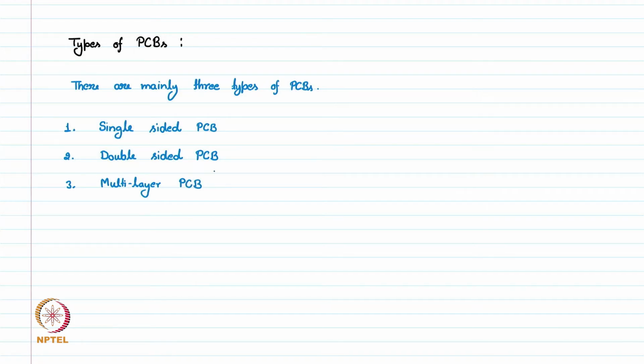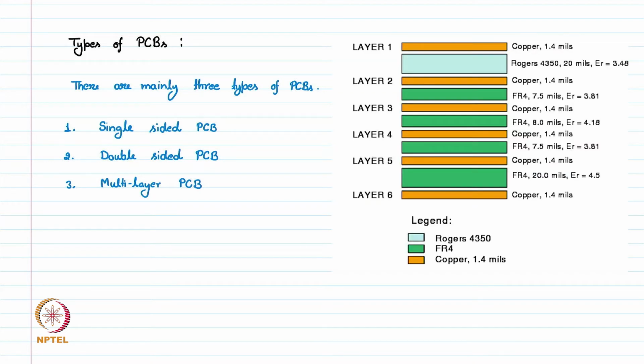So these are three different types of PCB we can see from this figure. Here if you see, you have multiple layers shown here.